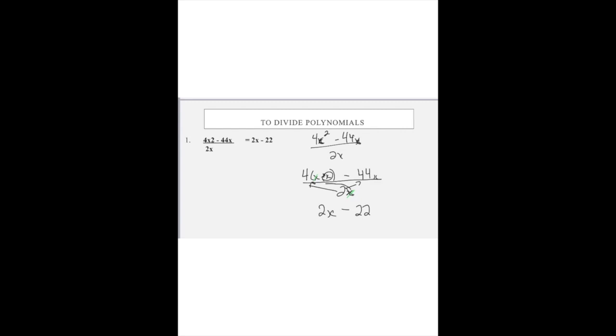So if we take that x divided by that x, again remembering any number divided by itself will equal 1, then we end up with just 22, because it would be the same as saying times 1, but we don't need to write that, so we'll just leave that off. So that's how we solve the first one and end up with the answer given on that page.